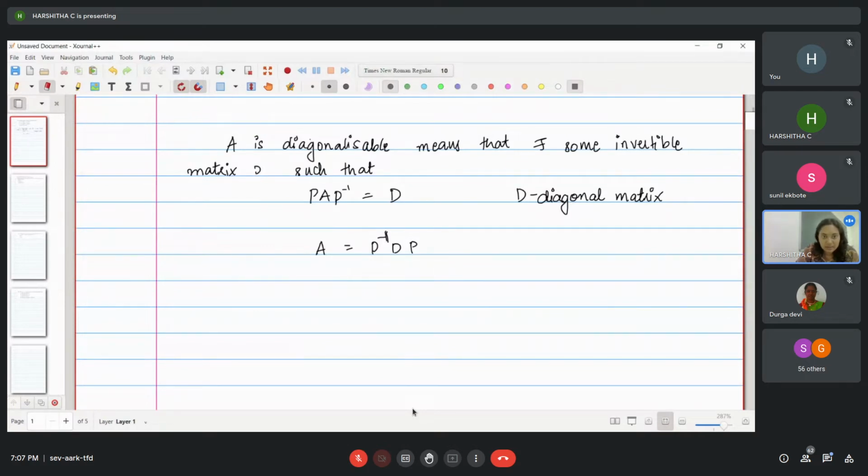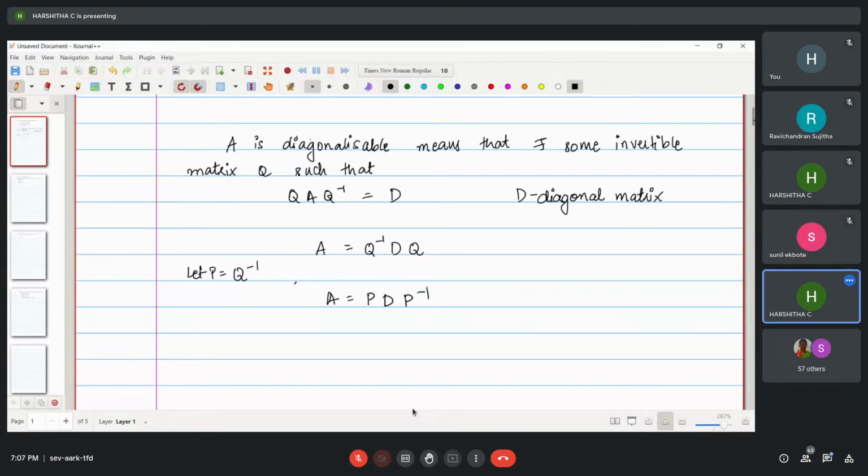Maybe to keep it consistent with the notation of the question, let the matrix be Q, so that A equals Q inverse D Q. Now you let P be Q inverse. So you get A is P D P inverse.